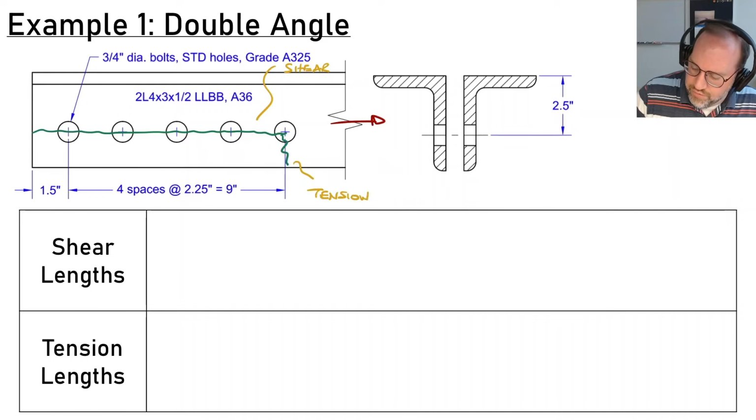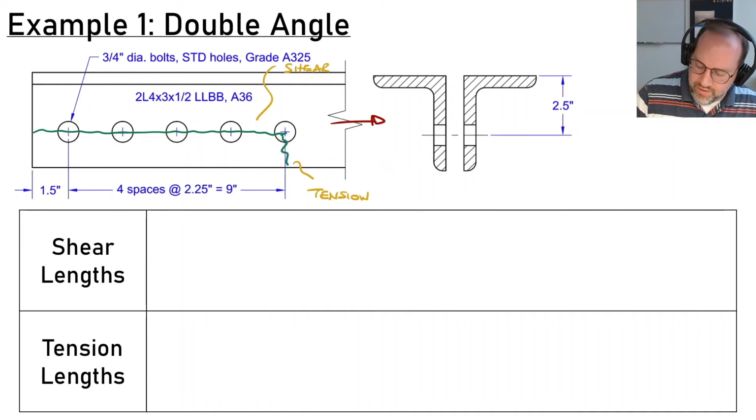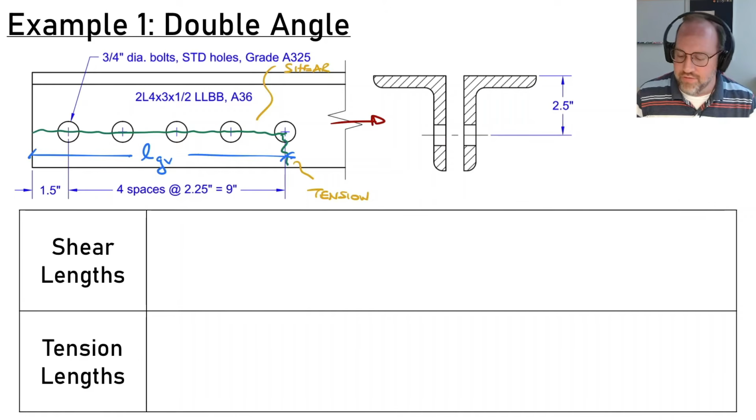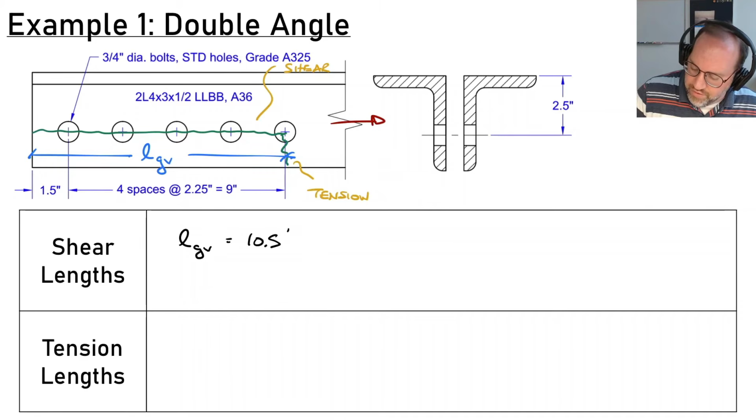And what I like to do first is get all the lengths of my path. So this length here, we'll call this LGV. G stands for gross, and the V stands for shear. So this is the length of my shear path. And we can see it's 1.5 inches plus 9 inches, so that's 10.5 inches. So LGV is 10.5 inches.